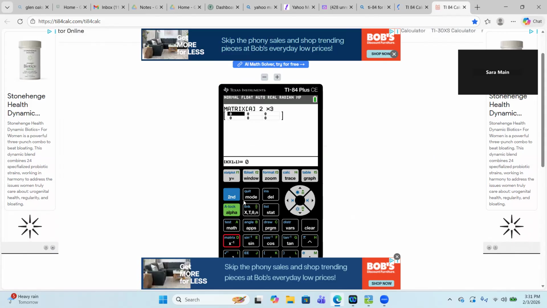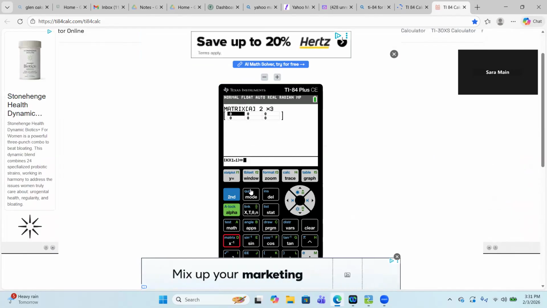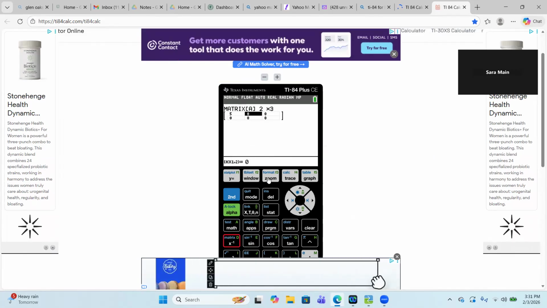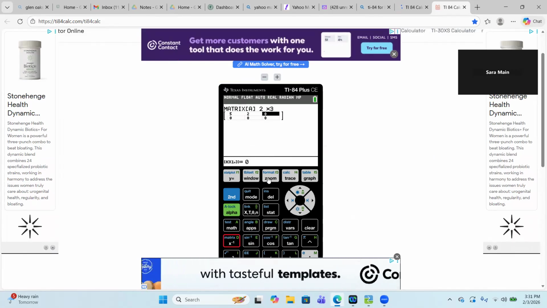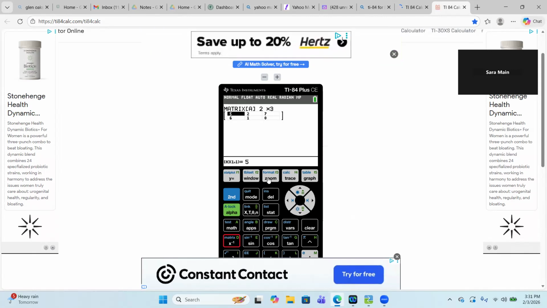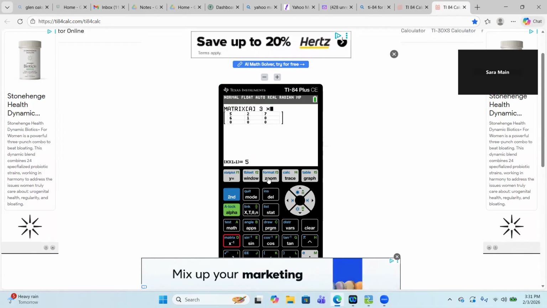So we have 5, 2, 7, 6, 1. I forget it likes it enter 5, enter 2, enter 7, 6, 1, 0. And actually, this is not correct. It's really a 3 by 2.